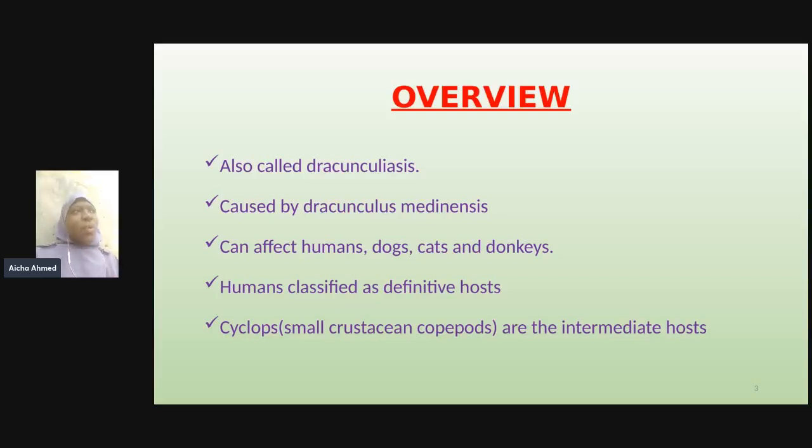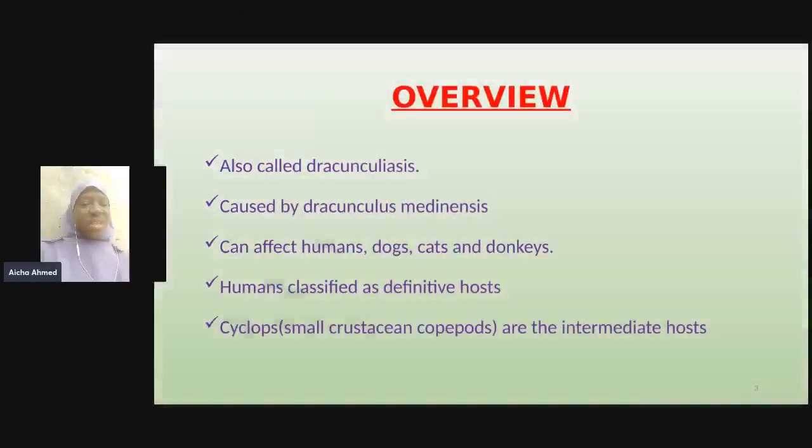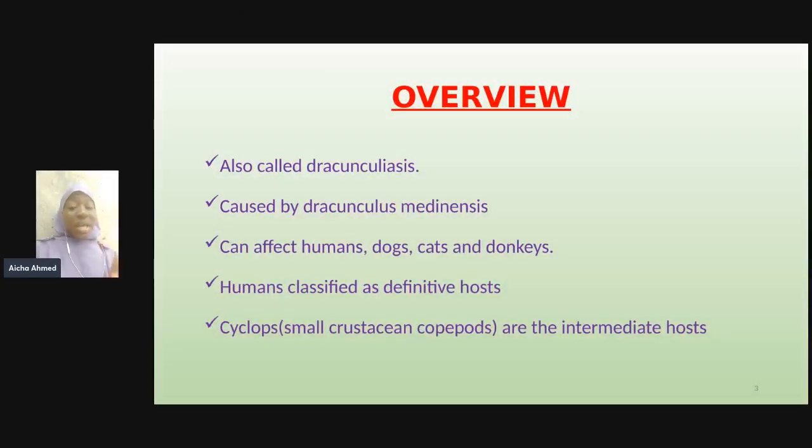Then when humans eat the animals, mostly when we don't cook them well or we eat them raw, the larvae gets transferred to us. The human is taken as the definitive host. This means that the parasite will mature to sexual maturity, where it becomes the worm in us and comes out through our lower limbs, under the skin, and then it is taken out.